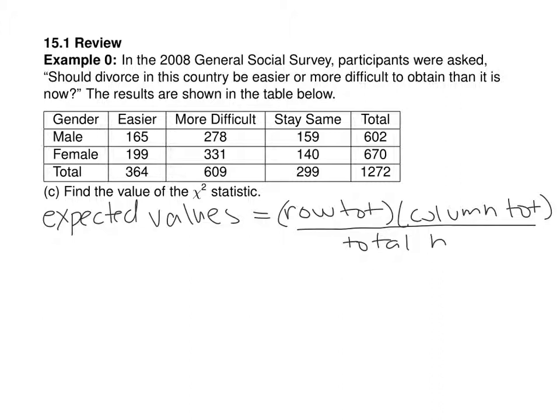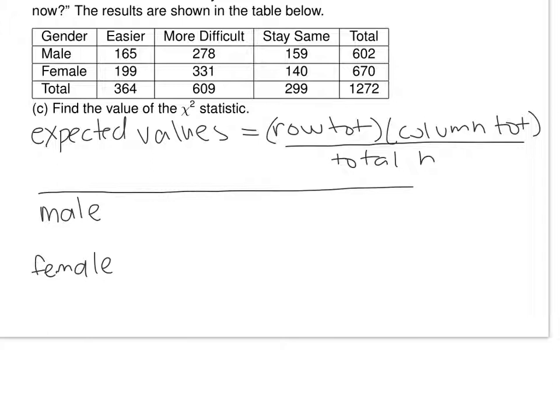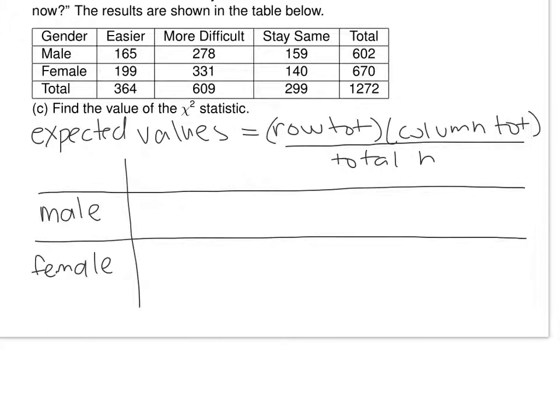You can verify this yourself, but here are what I got for expected values. So in the male category, we've got our female category. And then there's the easier.